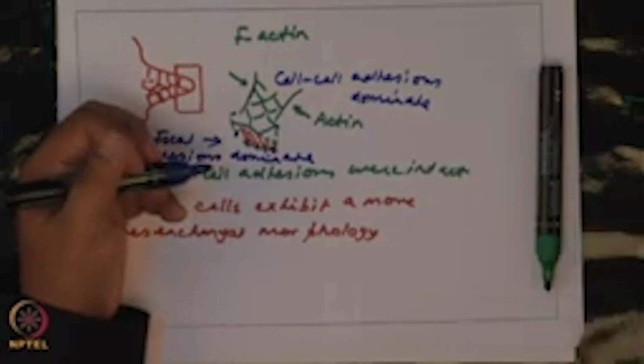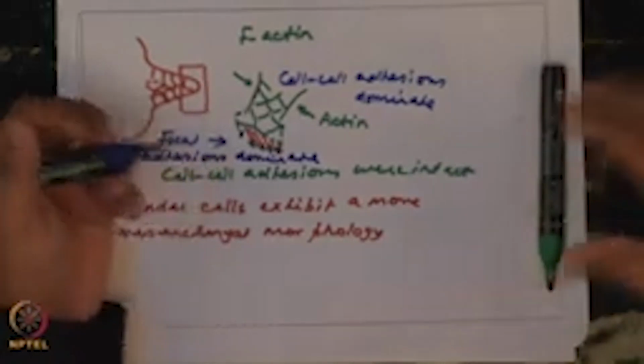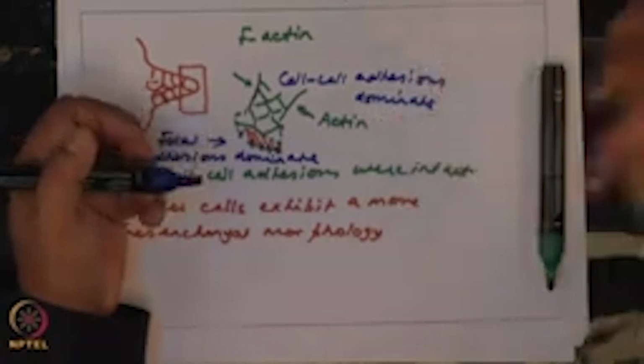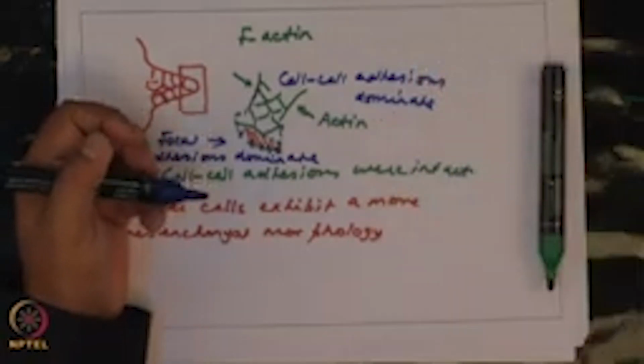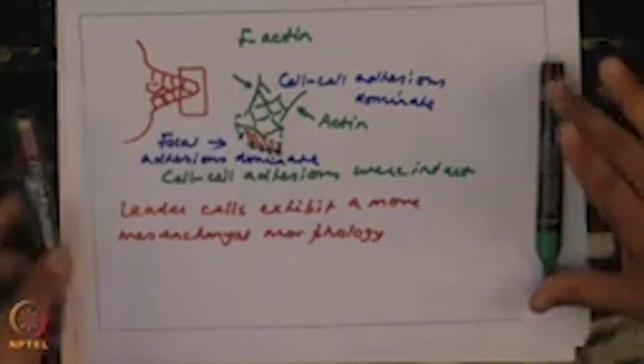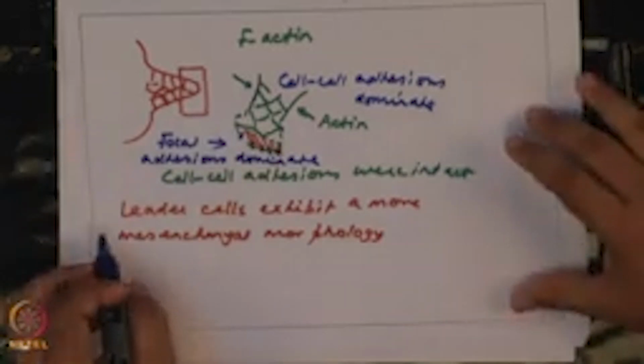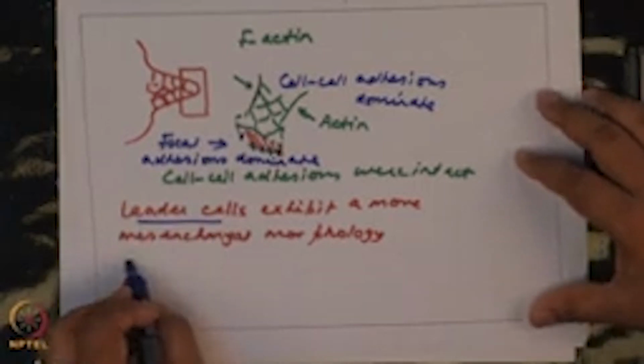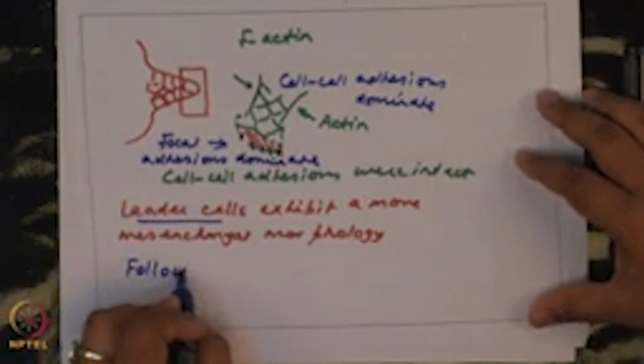So, what the focal adhesions are allowing is this leading cell is kind of trying to go outside, while these other cells at the rear end are following the leader cell. So, you have leaders and followers. You have leader cells right at the leading edge and you have follower cells.